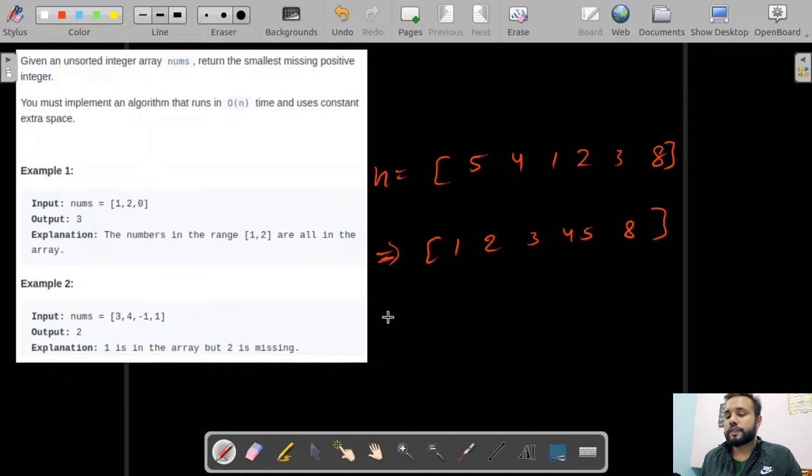So first positive number is 1, it is present. Second positive number is 2, it is also present. Third positive number is 3, it is also present. Fourth positive is 4, it is also present. And fifth positive is 5, it is also present. Sixth positive number is 6 and that is not present in this array. It means 6 is our first missing positive number.